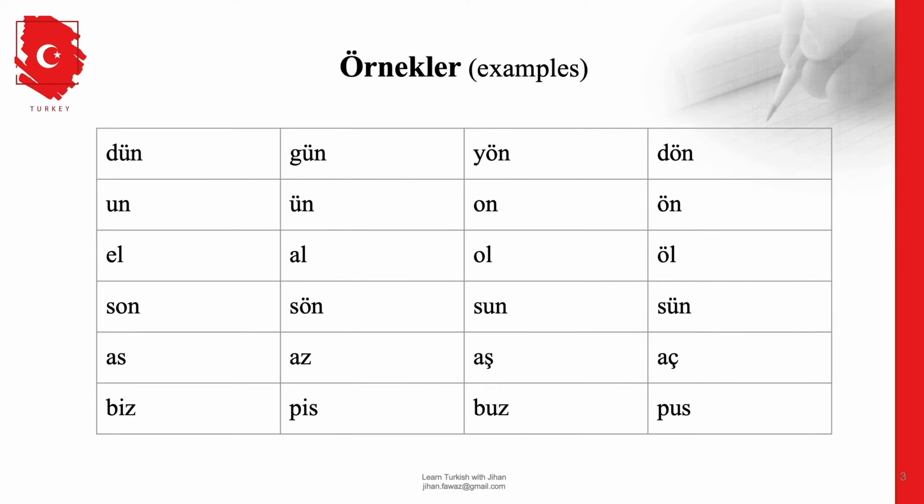Now, to do more practice, listen to these words and read them from left to right. For example, what you do is, you start with this one. Dün, gün, yön, dön.